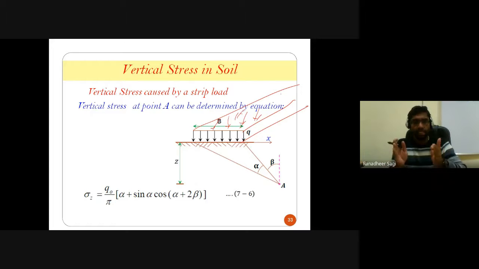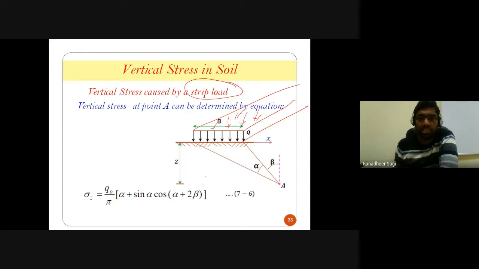Okay. So in such a case of strip load, if we are required to calculate how much is the vertical stress that is getting developed in the soil strata, we have an expression given by Boussinesq, something like this: Q naught by pi into alpha plus sine alpha into cos of alpha plus 2 beta.